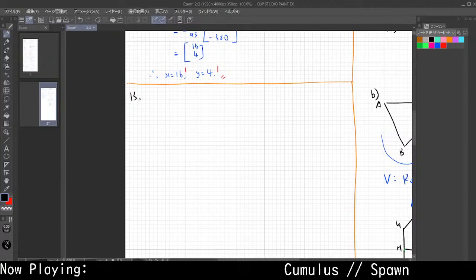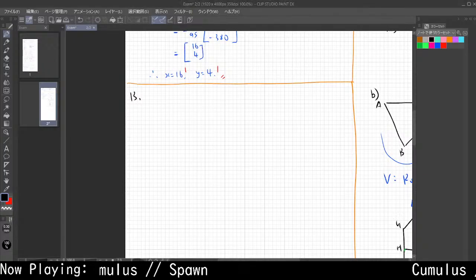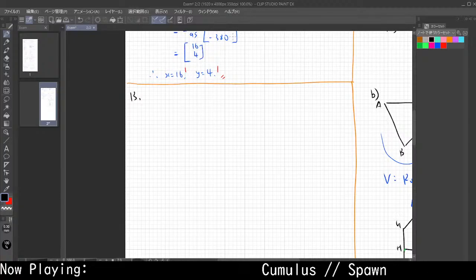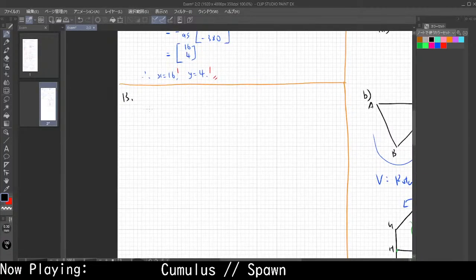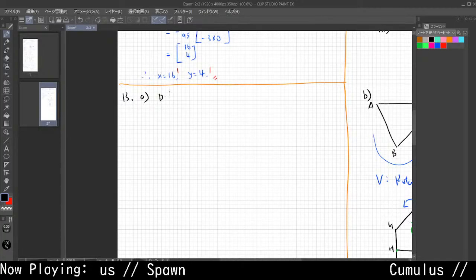Part A gives you that transformation M is a translation, transformation N is a reflection in the line y equals x. In this case, the object that we are concerned with is point D. We look at the graph and see that point D has coordinates 5, 3.